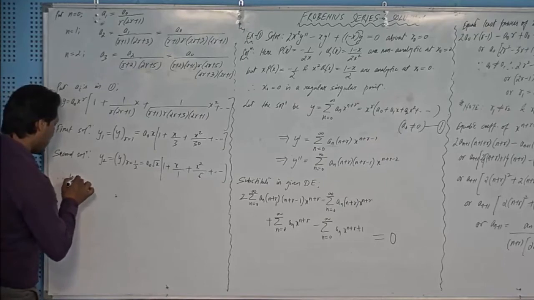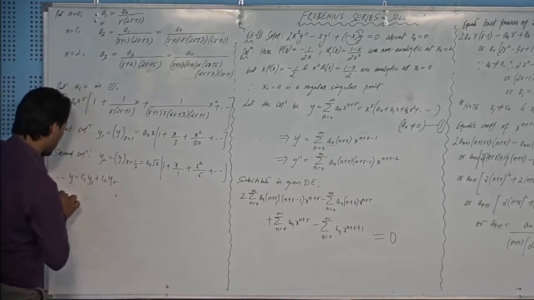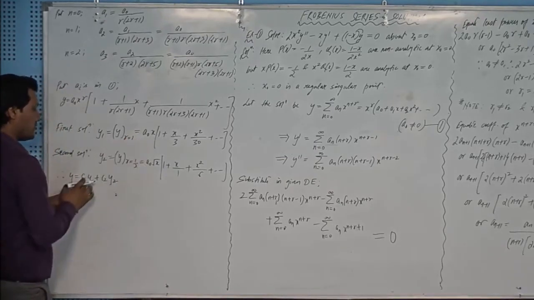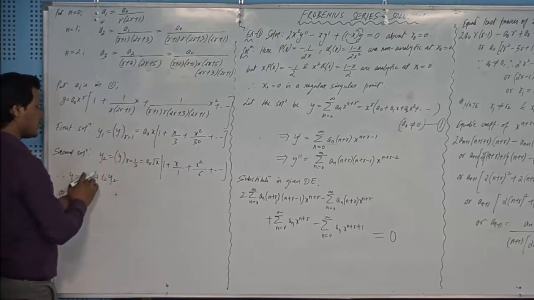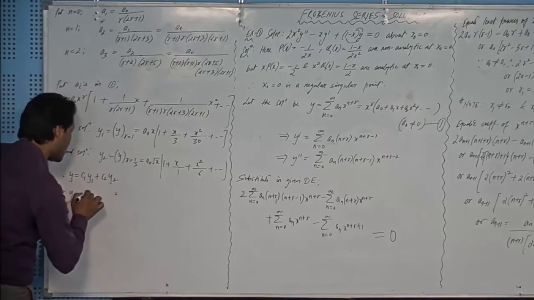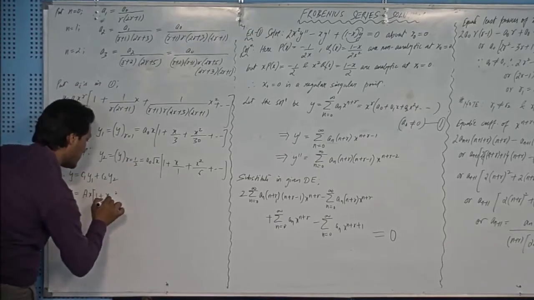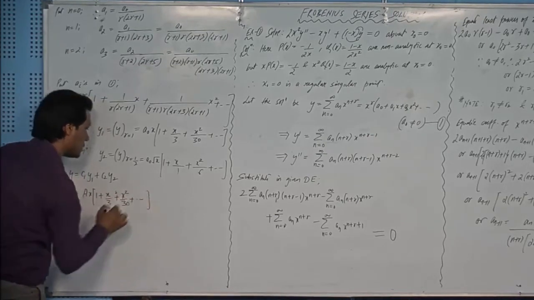Therefore, the final solution is y is equal to c1 times y1 plus c2 times y2, right? Or y is equal to, when you multiply your y1, this thing, with c1, then c1 and a naught will be a new constant, a product constant, and I'm replacing that c1 times a naught by a new constant, capital A, right? And after that, x by 3 plus x square by 30 and so on, right?